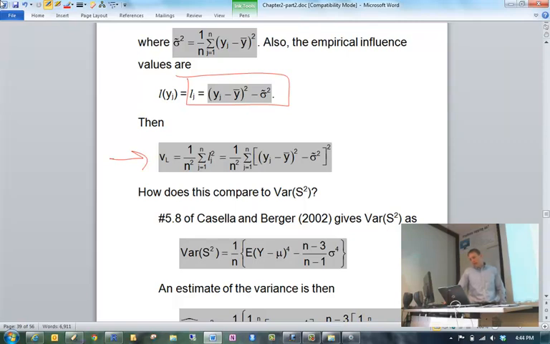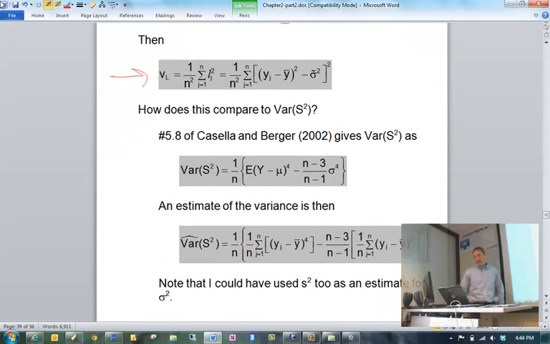Now, the reason why I did this particular example is because this semester with our projects I chose to work with sigma squared. And remember from project number 1, we can actually find the variance of S squared itself. Obviously, there's an n minus 1 in it instead of just an n in the denominator, but asymptotically, it's not going to matter. So the variance of S squared can actually be shown by number 5.8 of Casella and Berger to be this quantity there.